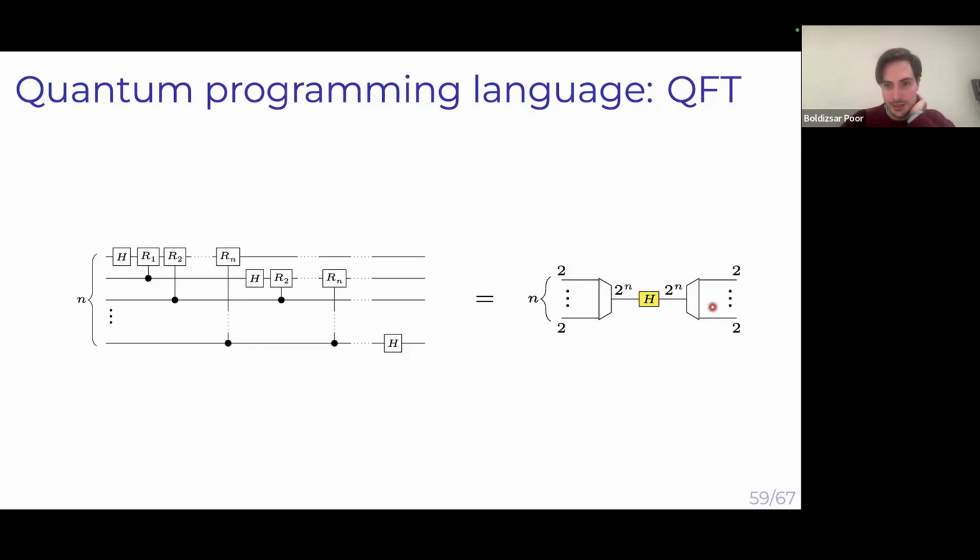So now we are able to express this whole large diagram as a single quite compact diagram. And it also corresponds quite clearly to what it actually does. It applies the quantum Fourier transform matrix on the computational basis states. Just from looking at the large diagram, you wouldn't quite get that. But seeing this, it's quite obvious what it does. So we believe this language is very useful for quantum programming languages.